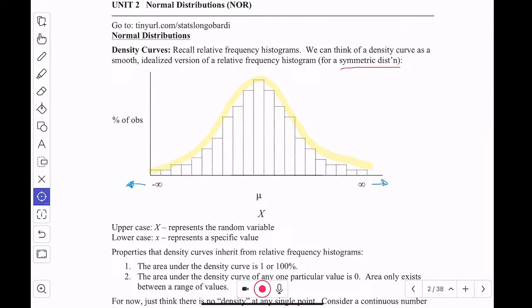And because it's symmetric, and because I've idealized it, talking about if I had all of the data possible, I think it would look like this, then that means I'm talking about the population, and the center of the population, the central value, is this symbol mu. This is the symbol for the population mean. Mu is a Greek letter M. M for mean.